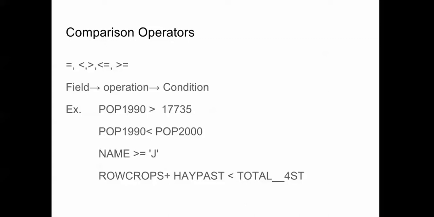Now these can be numeric. In other words, for example, we have a field that is population in 1990, and we want any of those polygons where the value is greater than, in this case, 17,735.